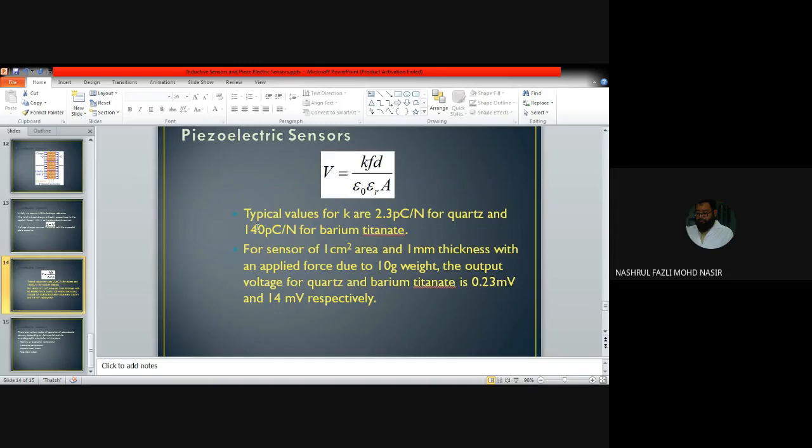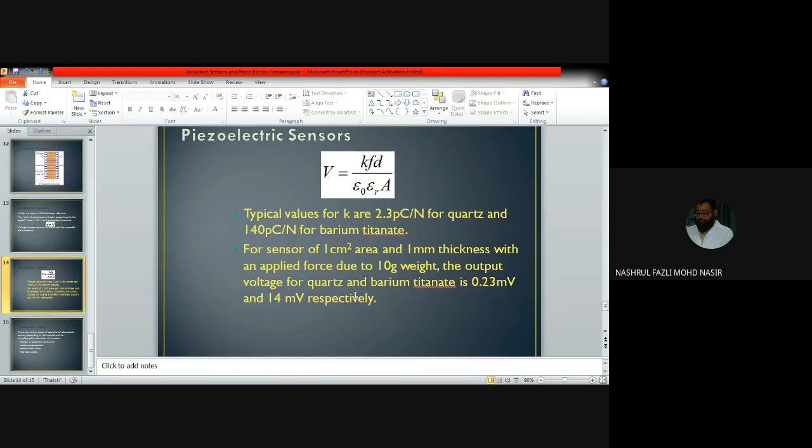Typical values for K are 2.3 pC/N for quartz and 140 pC/N for barium titanate. These are two materials that have piezoelectric characteristics. For a sensor of 1 square centimeter area and 1 millimeter thickness, with an applied force due to a 10 gram weight, the output voltage for quartz and barium titanate is 0.23 millivolts and 40 millivolts respectively.